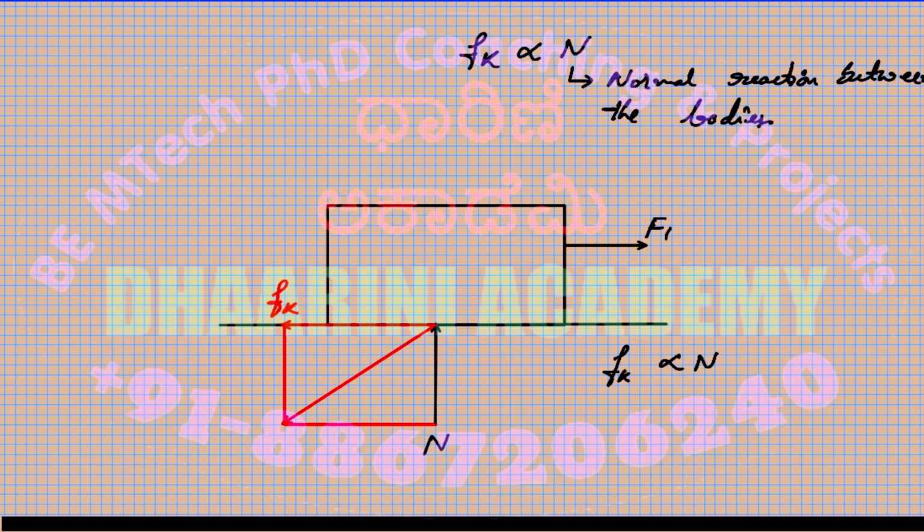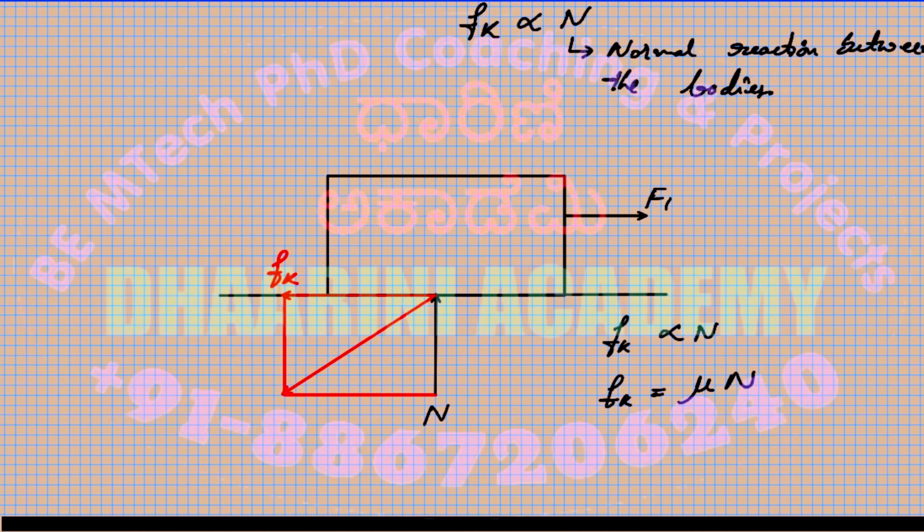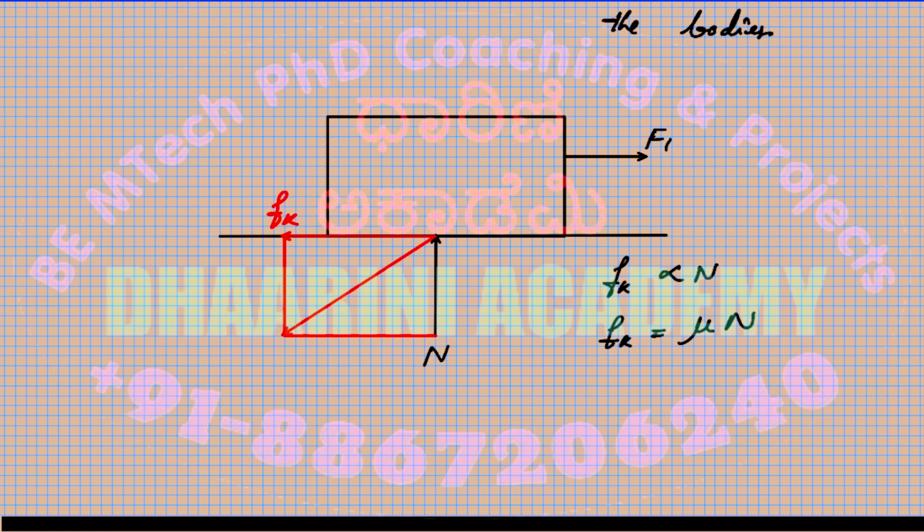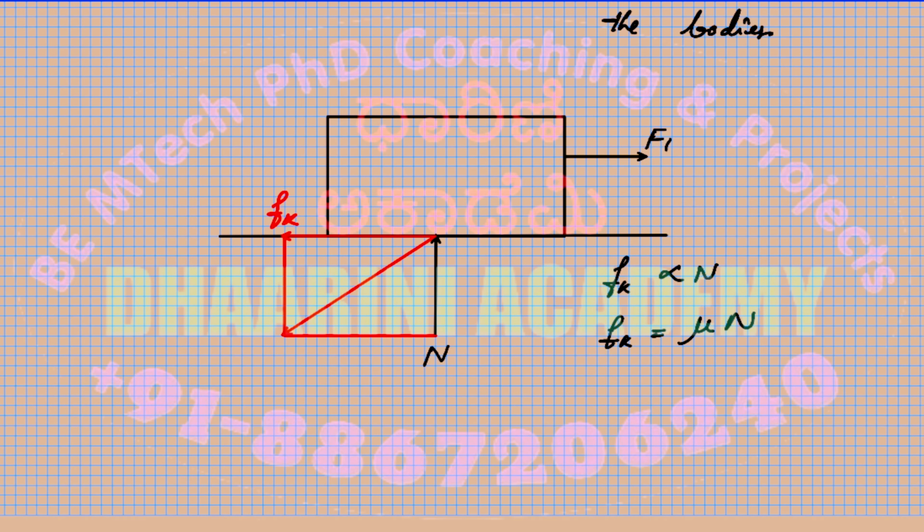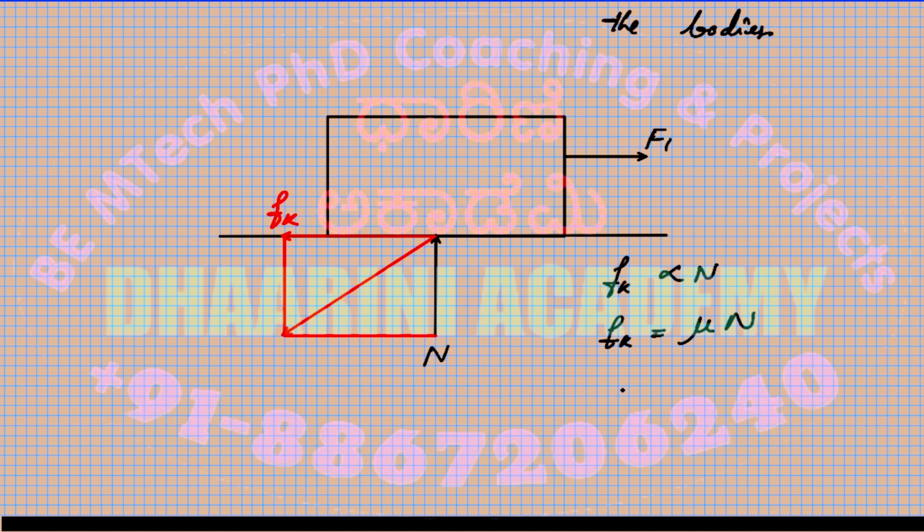Or I can write Fk is equal to some mu into N. So that means there is a constant. This mu is called the coefficient of kinetic friction.